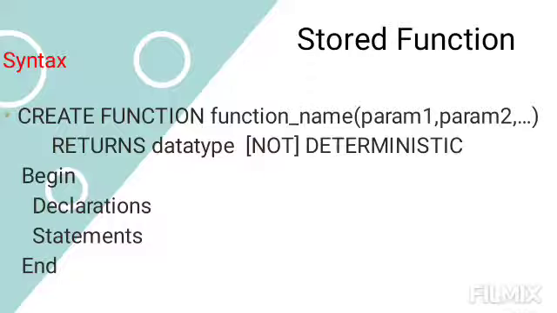If you write the code in the body of the stored procedure or stored function, inside the body section you have to specify at least one return statement. The return statement returns a value to the caller. Whenever the return statement is reached, the stored function's execution is terminated at that moment.